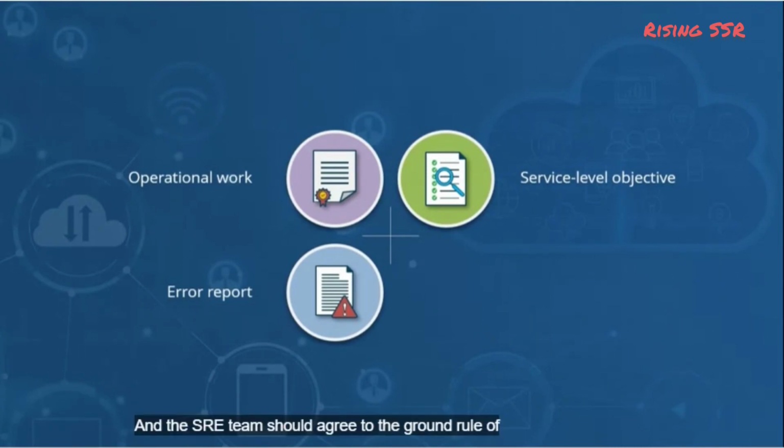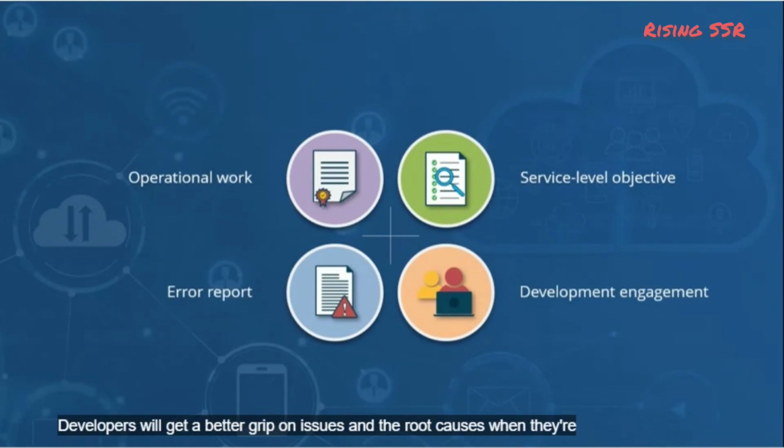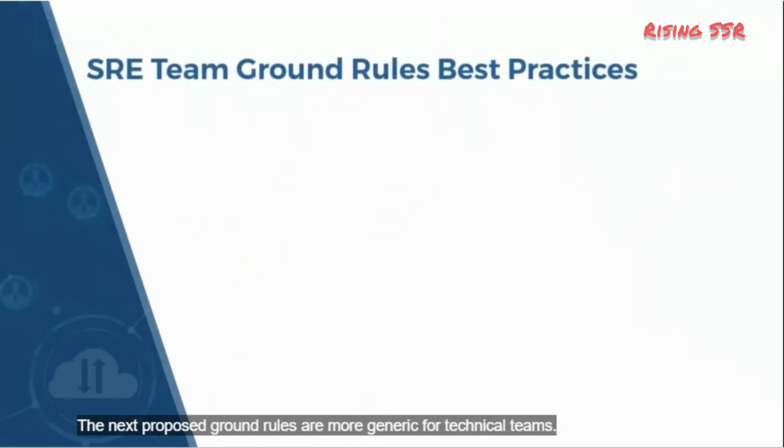And the SRE team should agree to the ground rule of development engagement in operations. Developers will get a better grip on issues and their root causes when they're versed with the current operational state of the service. The next proposed ground rules are more generic for technical teams. These can apply to SRE teams, but may apply to other teams as well.